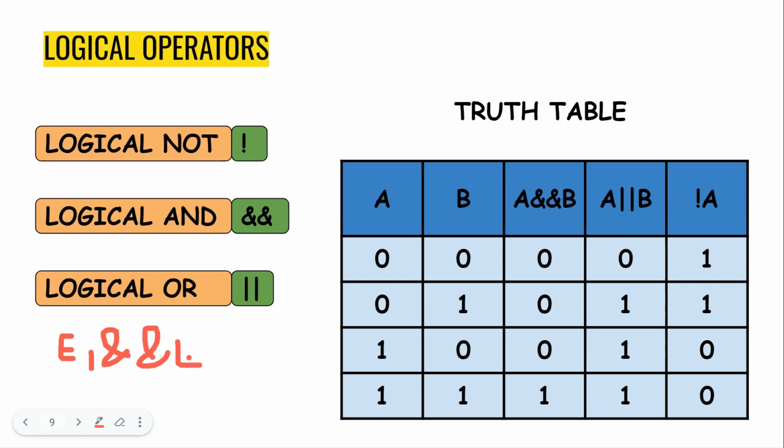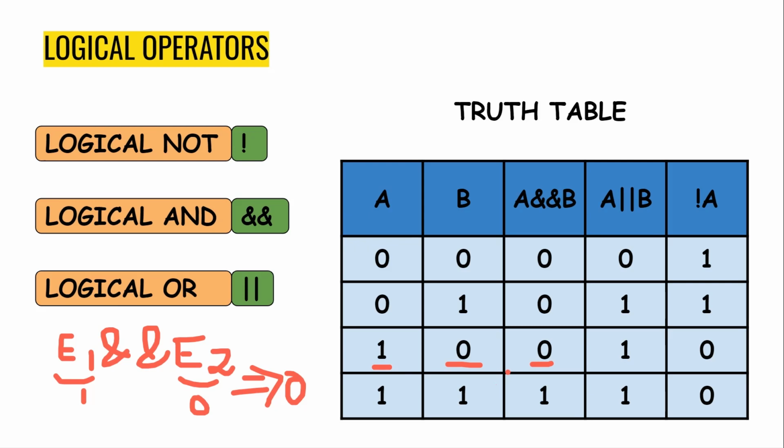If E1 evaluates to a true value 1 and E2 evaluates to a false value 0, then the result of this logical expression will be 0. You can see the truth table. If operand A is 1 and operand B is 0, the result will be 0. Similarly, it is applicable for other values.